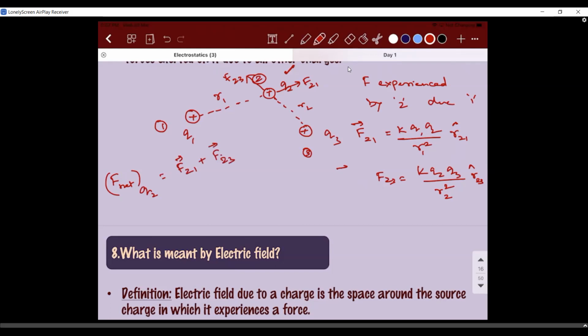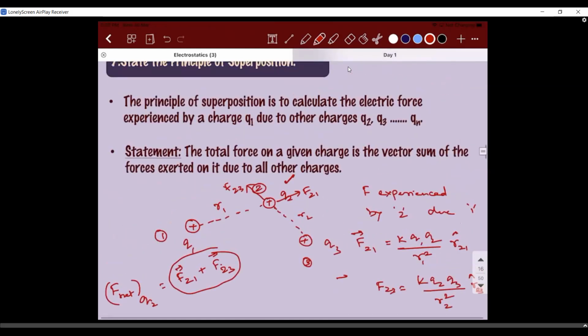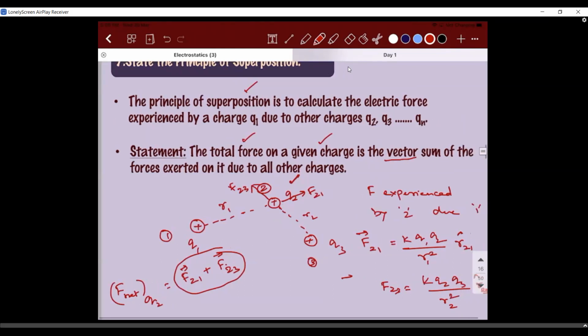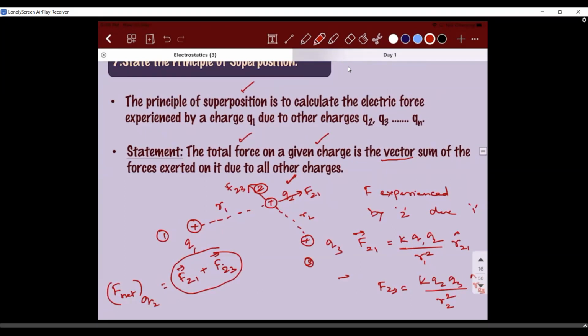Similarly, if you have n charges present in the system, then you keep on writing, but you should add them vectorially. So now read the statement. The principle of superposition is used to calculate the electric force experienced by a single charge due to the remaining parts of the system. Then what is the statement for this law? It states that the total force on a given charge is, please underline this word, the vector sum of the forces exerted on it due to all other charges.